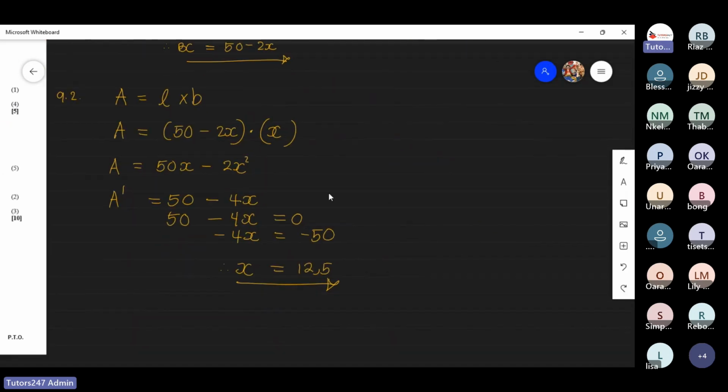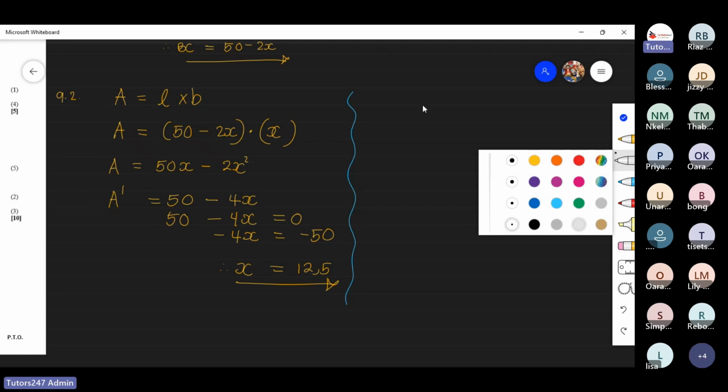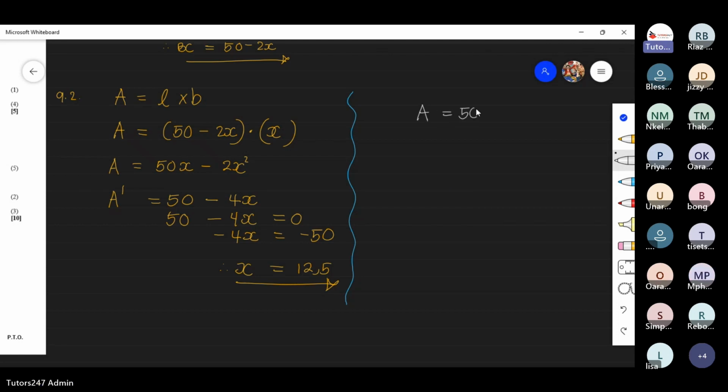So let us prove that this is in fact the maximum area. Let us split the page, and keep in mind that what I'm doing right now is not part of the equation. That's just a proof so we can see that our answer is correct. You don't have to do that. So we've got x equals 12,5, and we have an area equation of 50x minus 2x squared.